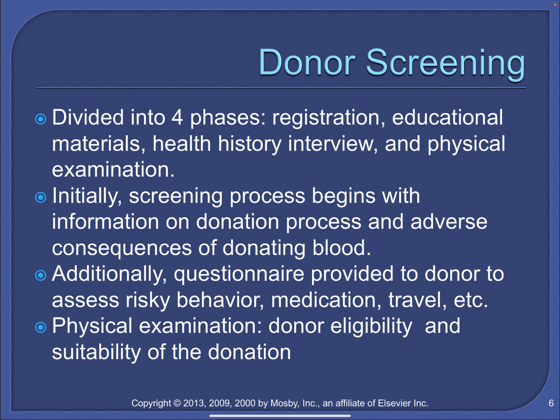So there are 2 parts to the whole blood donation: whether the donor is eligible to donate, and whether that blood is still qualified to be transfused into a patient safely.